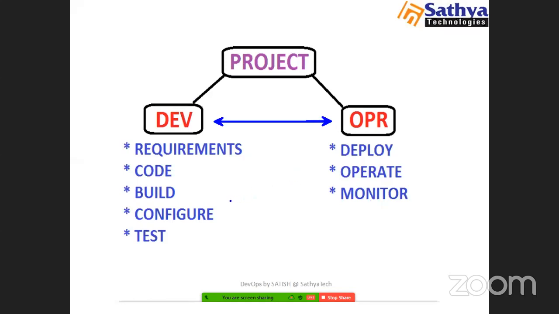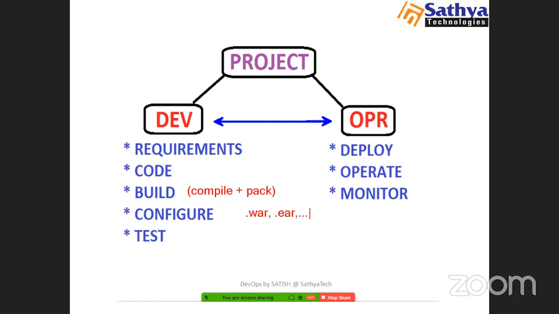Now in this code building, you will get some stages. Can you see this? You can do code compilation and code packaging. Suppose you have some Java code. What will you do here? You have to do compilation and packaging, and you'll get war files, jar files, ear files.